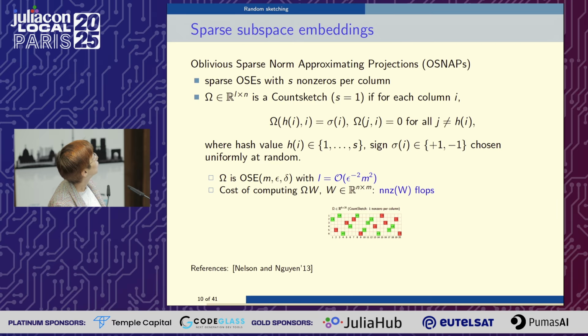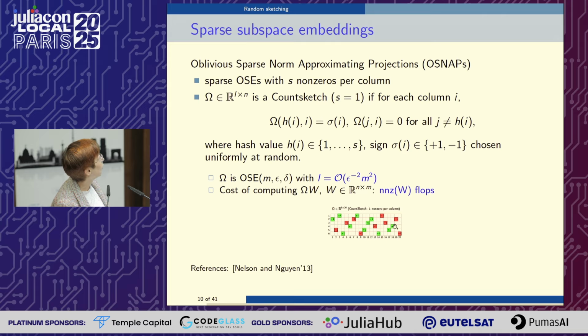Another class is formed by sparse subspace embeddings. The typical example I'm showing here is what is called a count sketch matrix, where we have only one non-zero per column, which is chosen using this formula here: omega h_i,i is sigma_i, where h_i is a hash value and sigma_i is a sign, chosen uniformly at random in both cases.